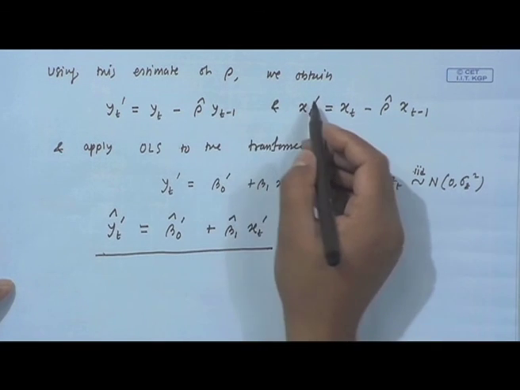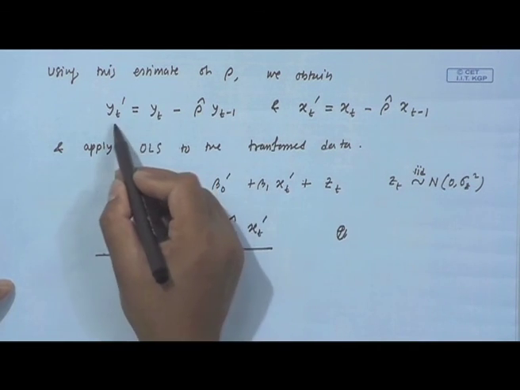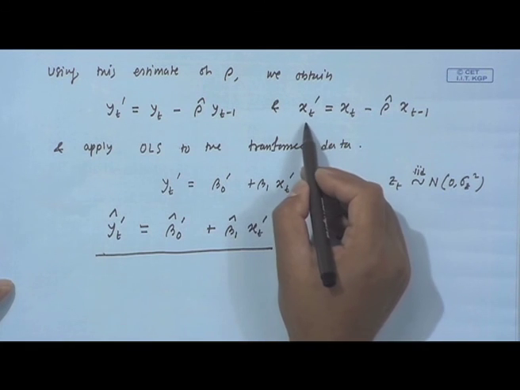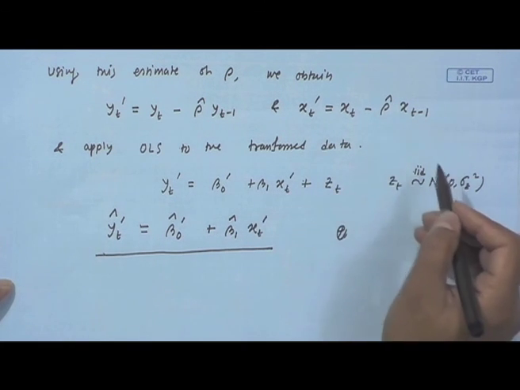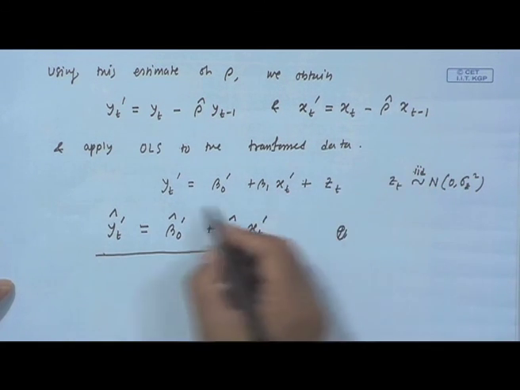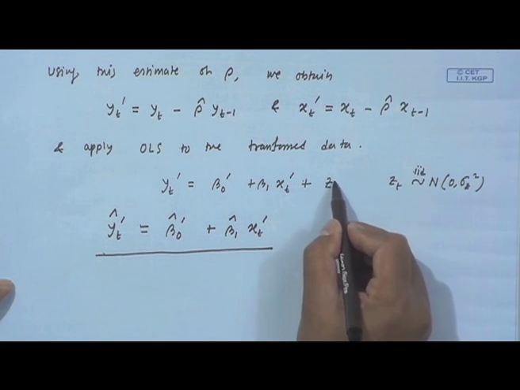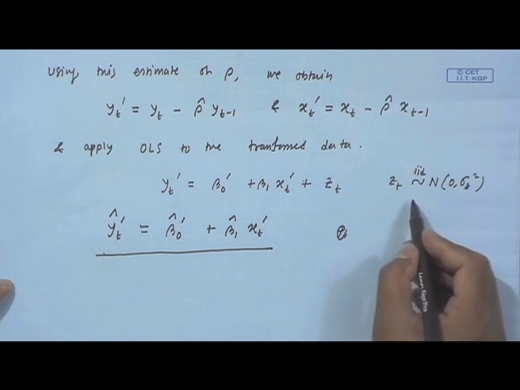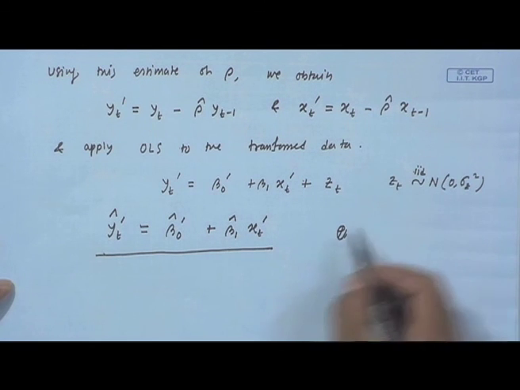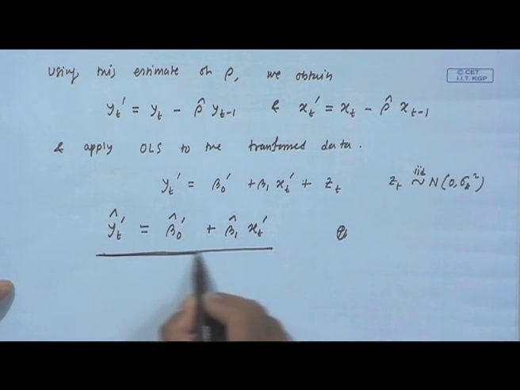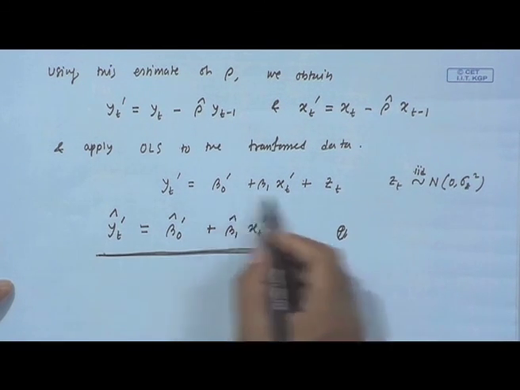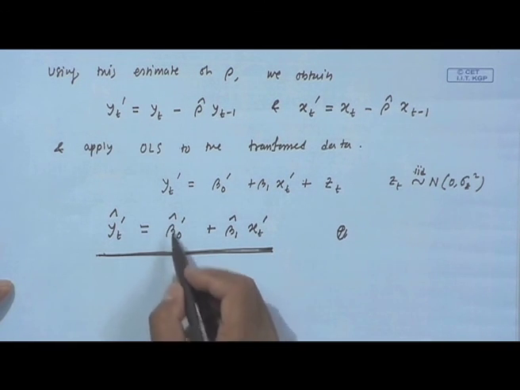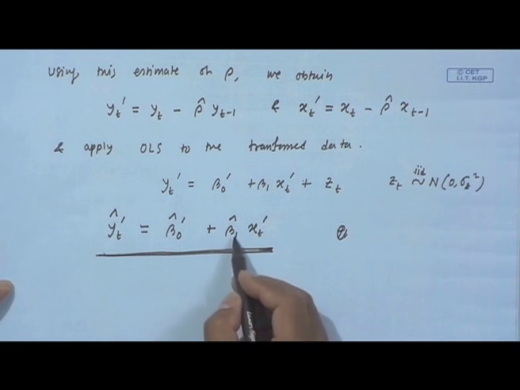So the rho value is equal to this, and using this rho, now you can transform the data y t to y t prime, similarly x t to x t prime, and now you know that this transformed model has error z t, which is normal 0 sigma square, and they are independent. So you can apply the ordinary least square technique to this transformed data, and you can happily estimate beta naught hat and beta 1 hat.